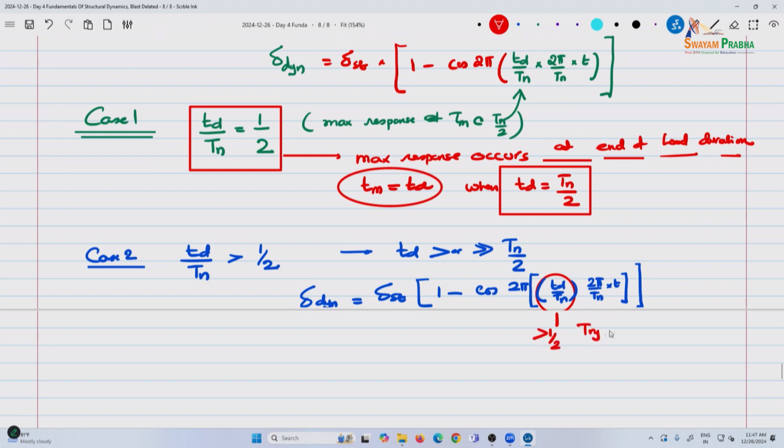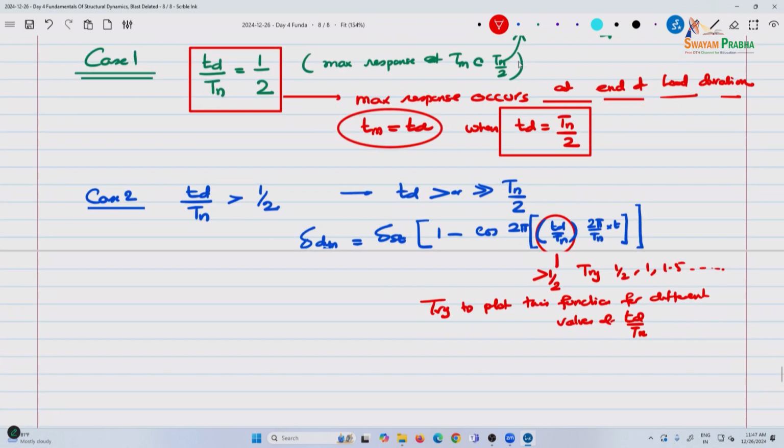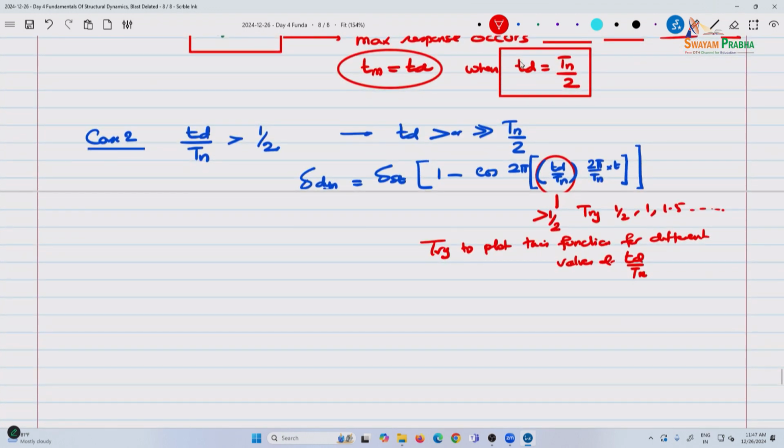So try maybe half, 1, 1.5, and so on. This is a number, this is a number, you have a function and you can plot that function to see. So try maybe on your own, or this afternoon, plot this function for different values. I haven't tried this, but you can try this as a part of the tutorial.